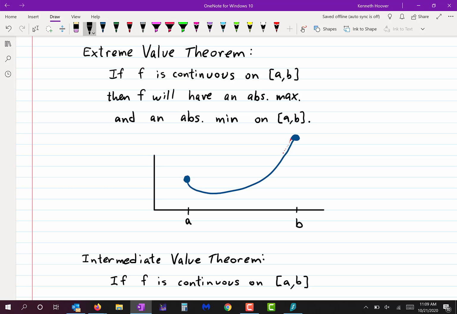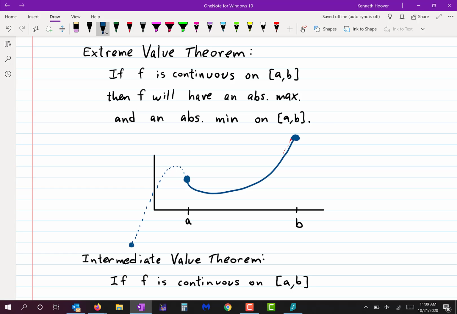Now if you look at the function outside of that closed interval, then there might be a different max or min. For instance, maybe f will continue to do this. So now there would be a different absolute minimum, right?